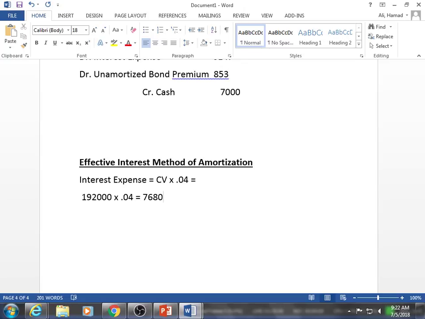So we're going to debit interest expense for 7,680, and we're going to credit the amount of cash, which was 7,000, if you remember. Credit cash 7,000.